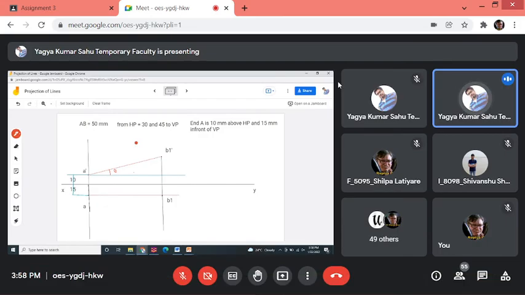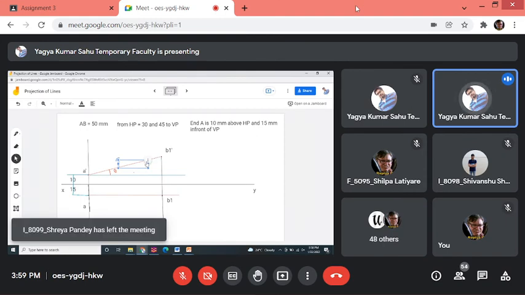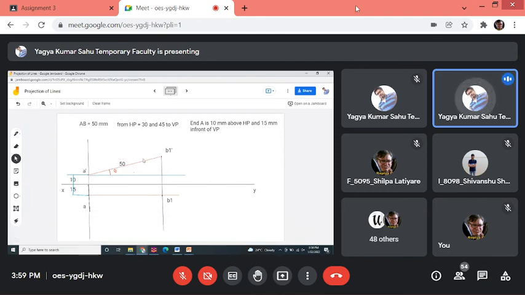So A dash B1 dash is true length, which is 50 mm. This A B1 is 50 mm. Okay, and A dash B1 dash, and this A B1 is short length parallel to it.